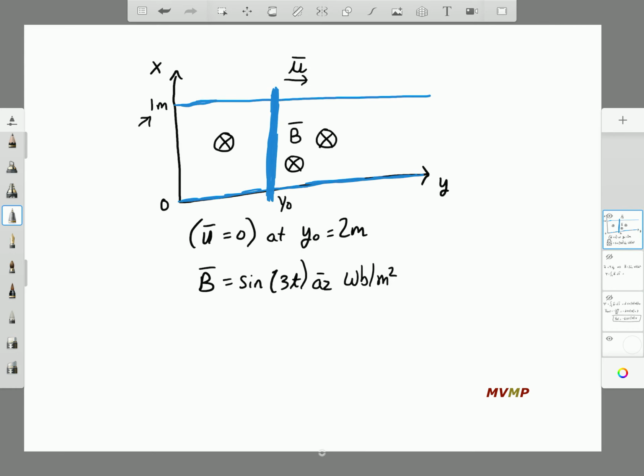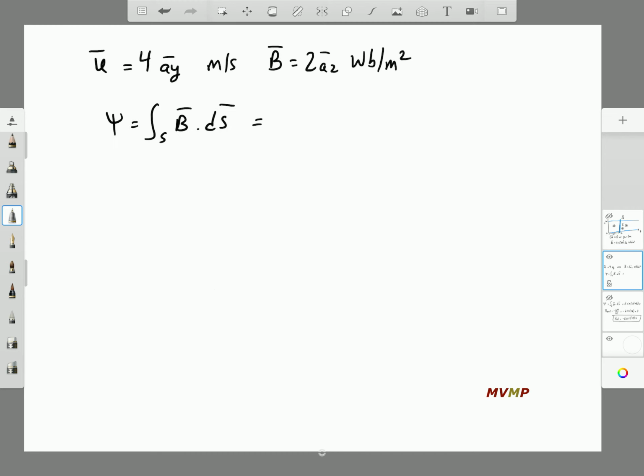We see this number on the x from 0 to 1 meters, and we know that this distance is 2 meters because we're given U bar as 4ay and B as 2az. So let's go back and set up the two integrals.